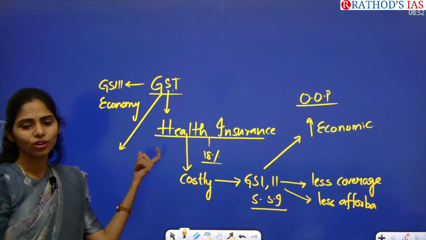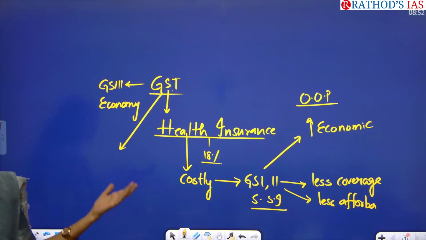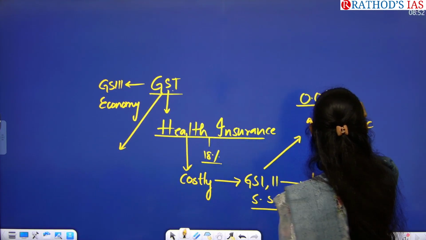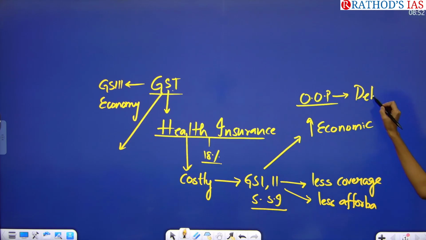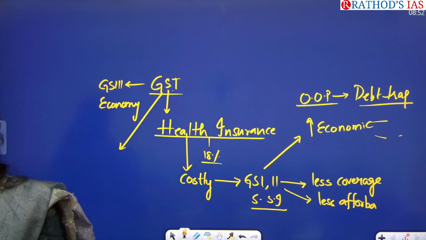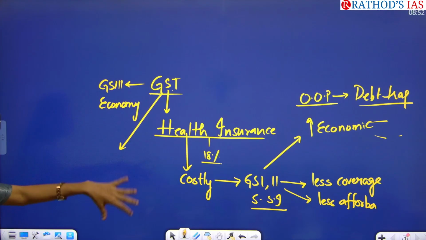If the people are not getting this health insurance, what happens? There will be increasing burden, and further that will lead to the debt trap. Yes or no? So one of the important reasons behind this debt trap in India is the increasing health burden on that family. Clear? Okay, so this is the story that you have to know before reading this article.